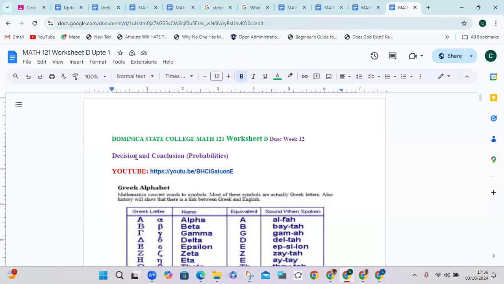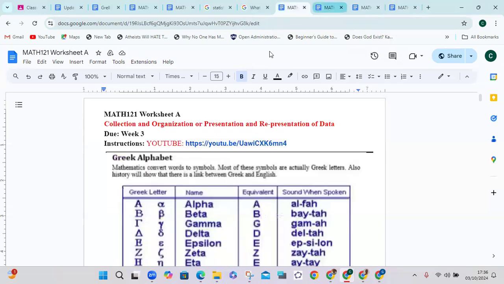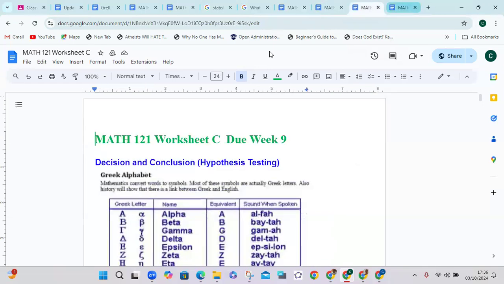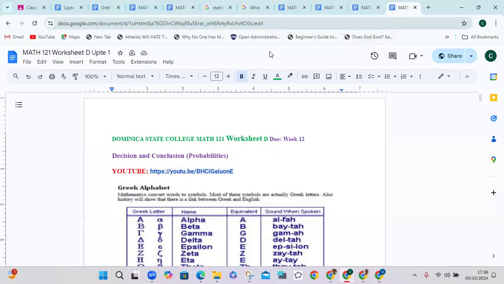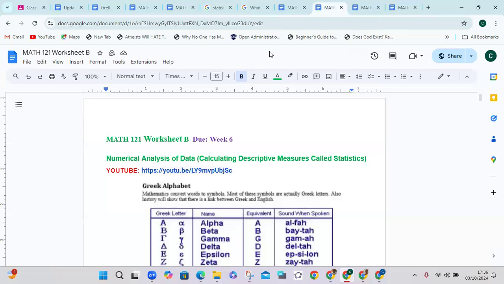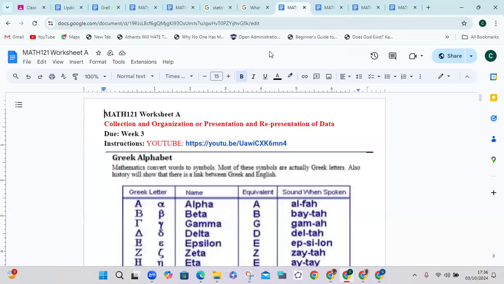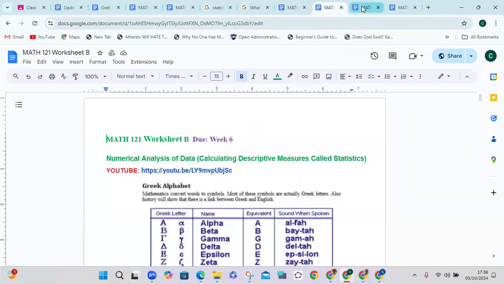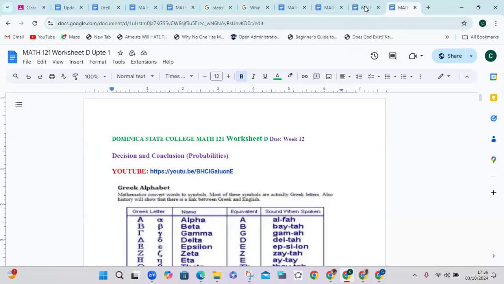It can be proven to be wrong or correct in the future, so you have that probabilistic nature. It is due in week 12. So that's the 4 worksheets and they're due in weeks 3, 6, 9, and 12, respectively, A, B, C, and D.